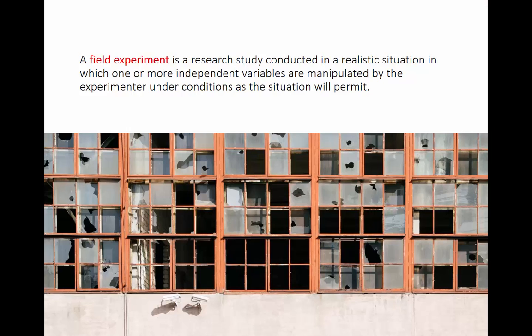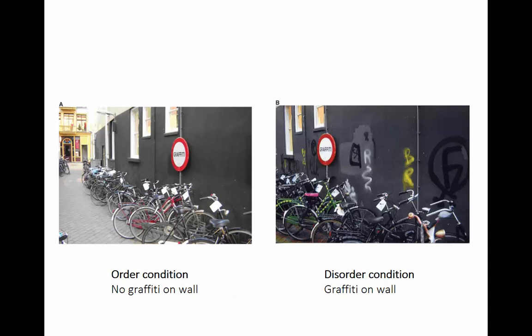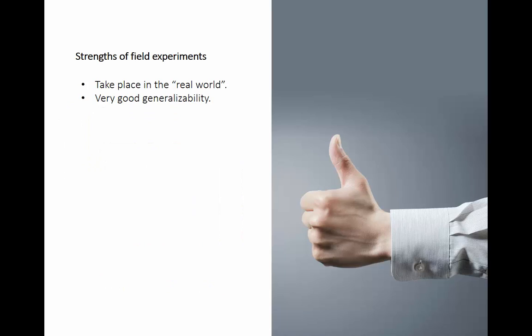Remember the broken window theories I talked about? That was a field experiment. It was about flyers attached to bikes, with an order condition and a disorder condition. That's not a laboratory setting. That's a real world setting, with real people passing by in their real life, and then people study that.